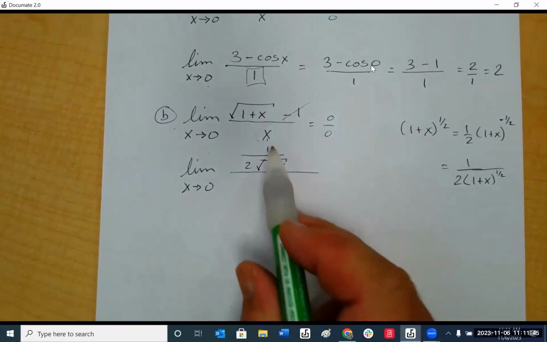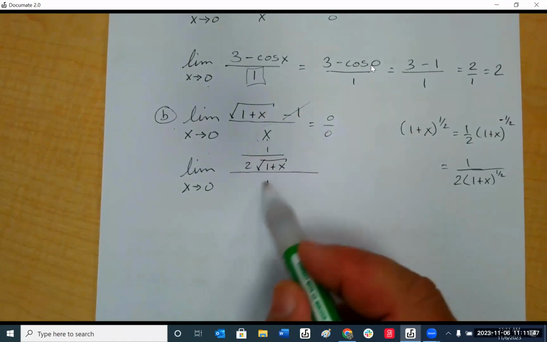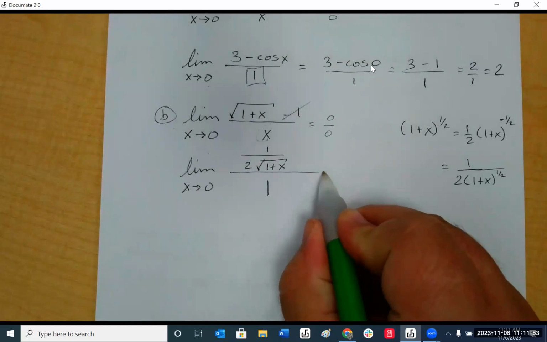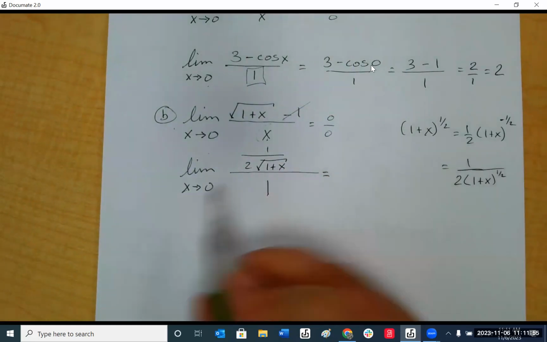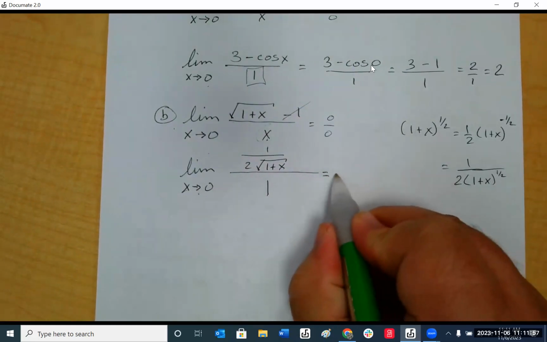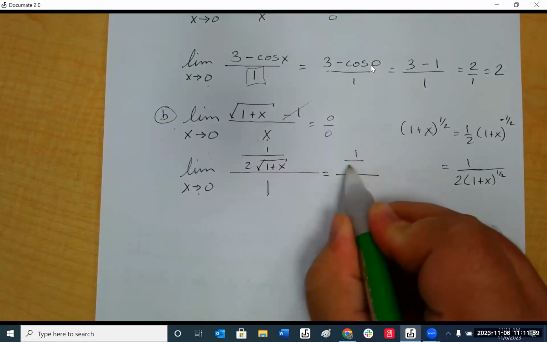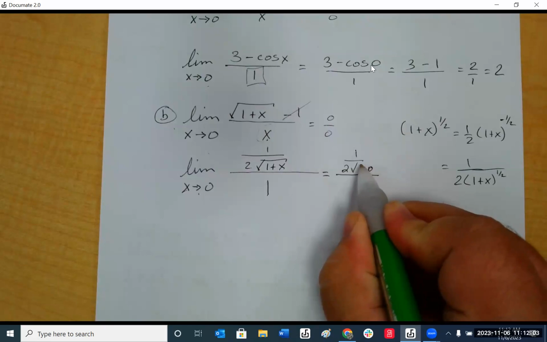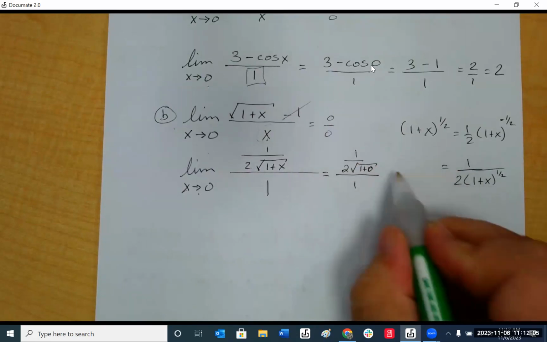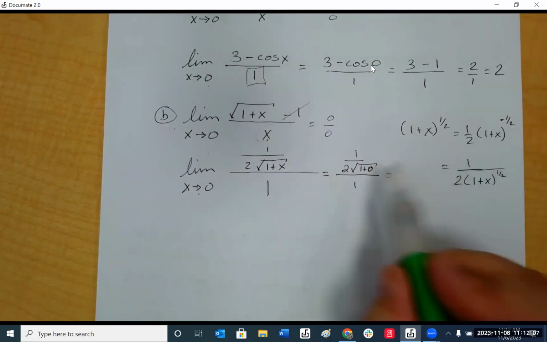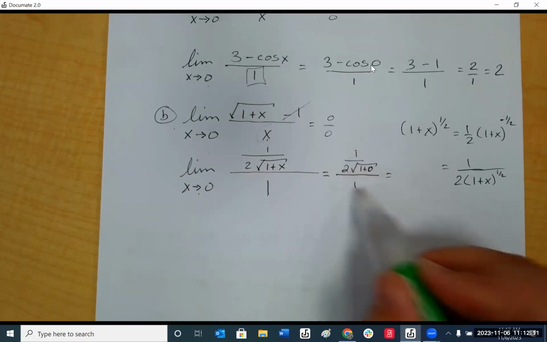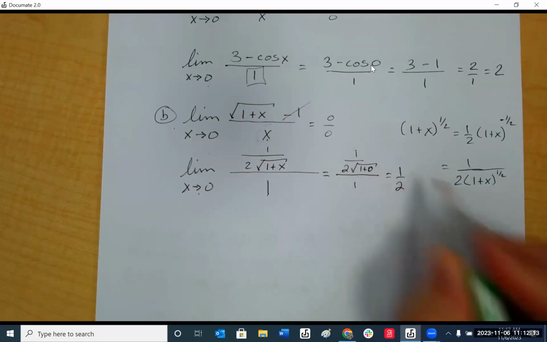And remember, we have to keep it as f prime over g prime. Plug in 0. Square root of 1 plus 0 is square root of 1 is 1. So it's 1/2 divided by 1. The answer is 1/2.